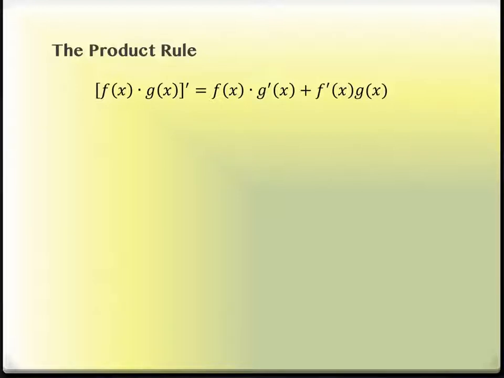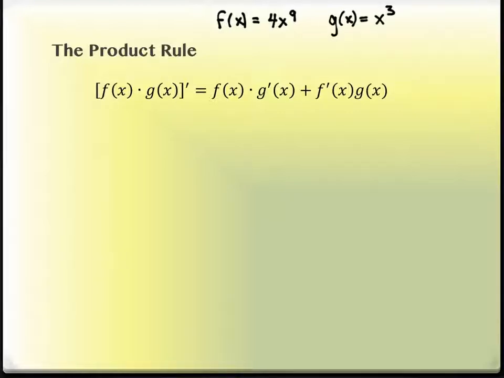And just for fun, so that you can see that I'm not trying to trick you, I want to use that same example that I just did and show you it would have worked if I did it this way. On the previous slide, my first function was 4x to the 9th, and g of x, the second function, was x cubed.